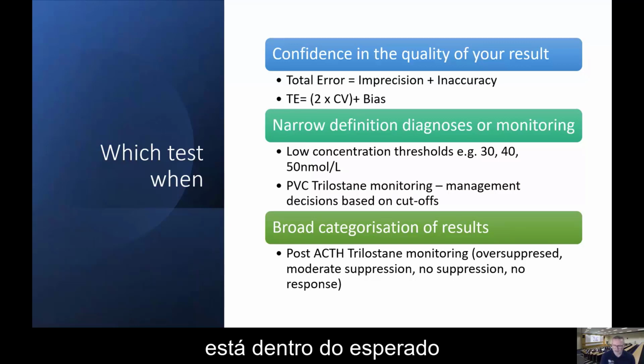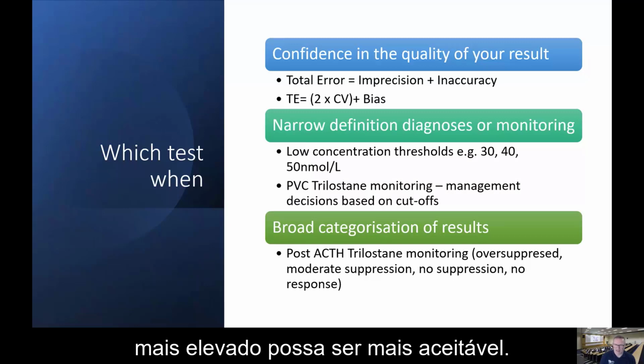Or is it somewhere in that range of what a normal dog would do post-ACTH? Or is it way above what a normal dog would do? So very broad categories of response. In that case, maybe an assay that has a little less precision, or that's not as accurate or has higher total error might be acceptable.